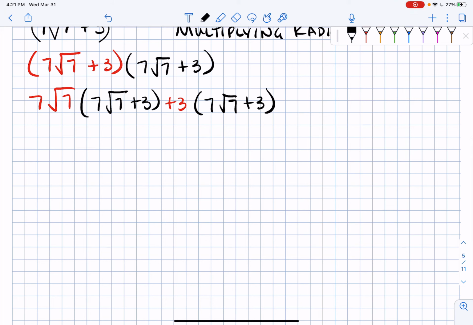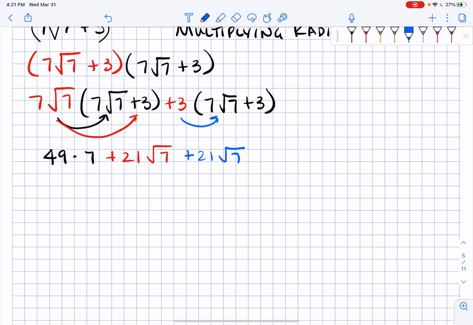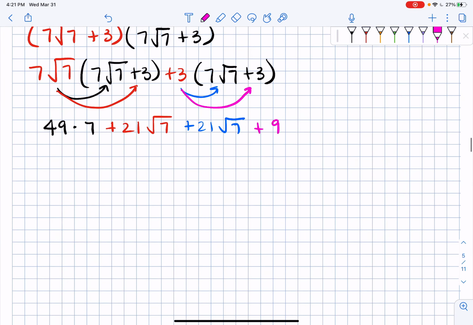So what I'm going to have when I distribute is 49 times 7, because square root of 7 times square root of 7 is just 7. I got this one right here, which is going to give me a positive 21 square root of 7. And this one right here, which is also a positive 21 square root of 7. And last but not least, that one right there, which is going to be a plus 9. All right.